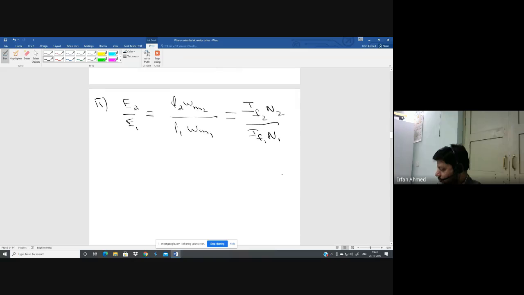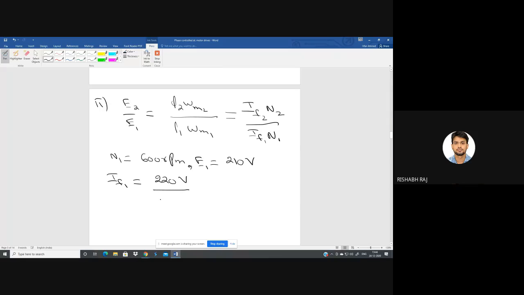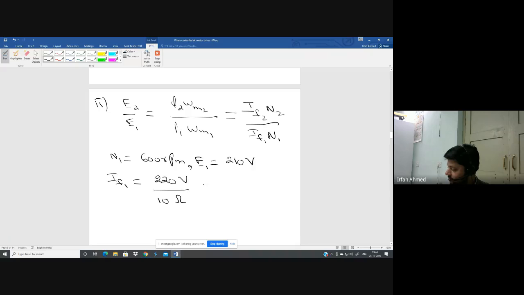How many of these things are known here to us? First of all, let us say we take N1 to be equal to the rated speed, that is 600 RPM. Then E1 we had found out that was, I think, 210 volt, correct? What will be the value of IF1? It will be the field voltage divided by the field resistance, or that is 22 ampere.